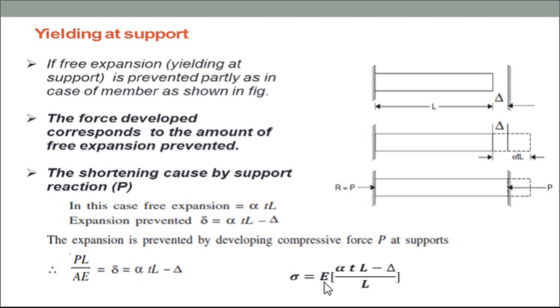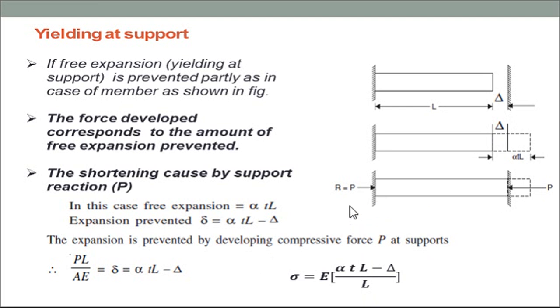So sigma is equal to E in bracket alpha TL minus delta, divided by L. Here sigma is the temperature stress developed in the bar, E is the modulus of elasticity, alpha is the coefficient of thermal expansion, T is the change in the temperature, whether it is a rise or a fall of the temperature, L is the original length of the bar, and delta is the distance between the original length and the support.